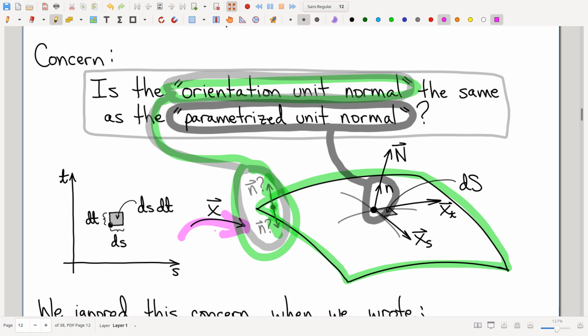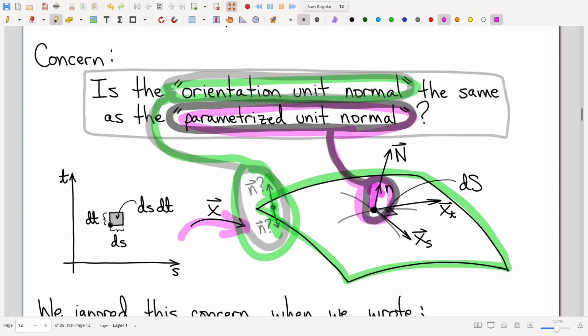In particular, when you parameterize the surface, that gives you your various partials. That gives you, by cross product, the capital N. And that gives you, by normalizing, what we call the parametrized unit normal. That is a consequence of our parameterization. So we kind of swept all this under the rug, again, on purpose, for dramatic purposes, so that we could have this big reveal here.